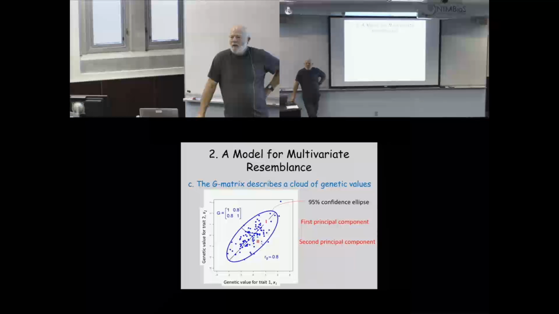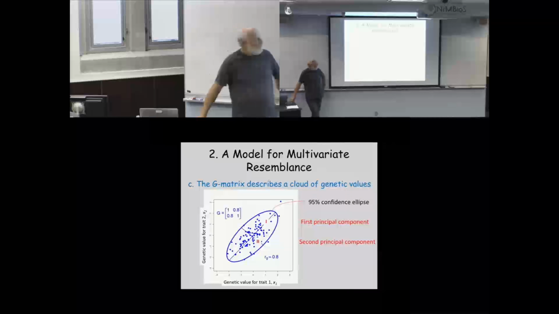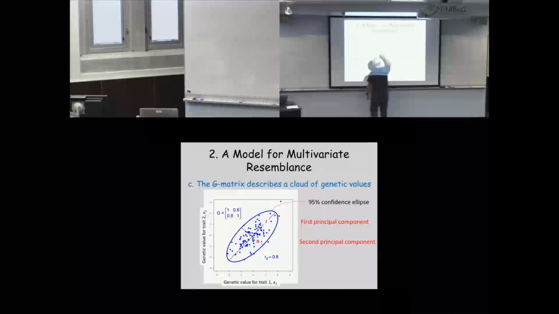I may have missed it if you said it, but another way of thinking about the first eigenvector is: if you put a line through those points and then project each point perpendicularly onto the line, the distribution of those points along that line has the greatest variance.